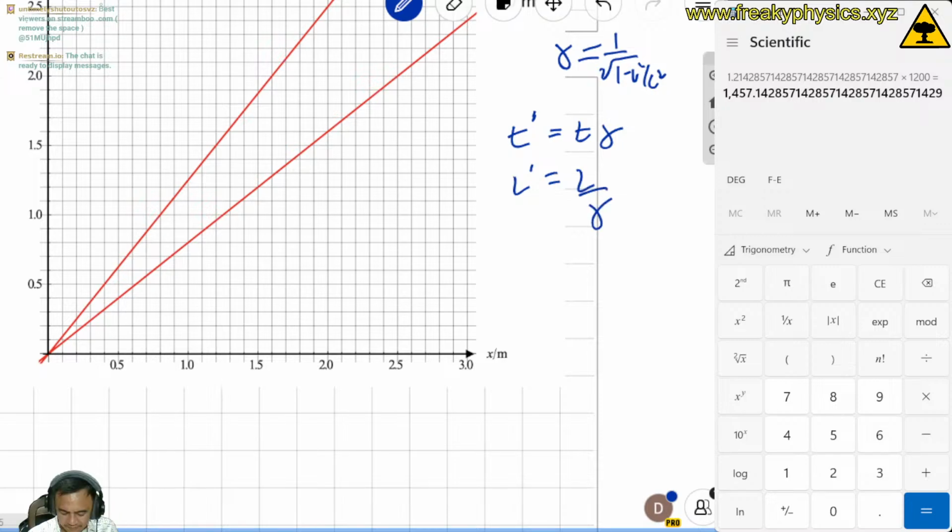Okay, so let's change that to x, X prime and x. Let me think first if this works, but otherwise we'll use the equations.